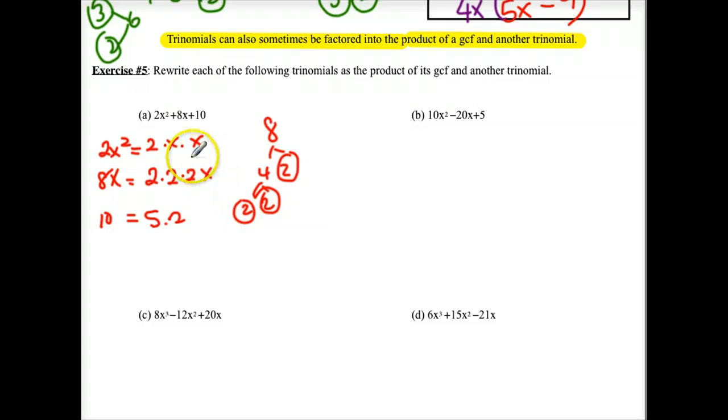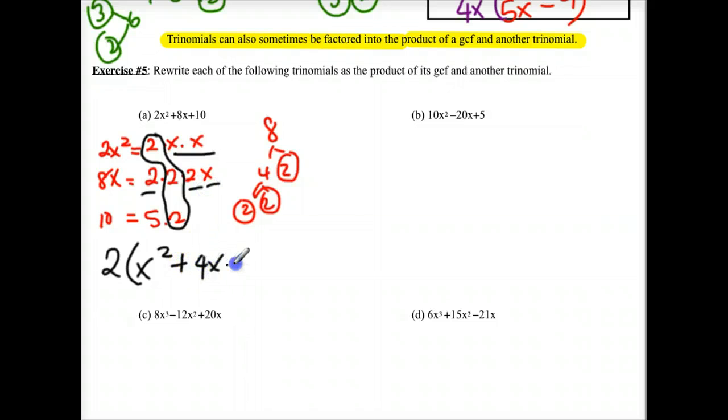So I see there's 2x here, this doesn't have an x, but I see that they all have a 2 in common. So that's what I factored out. What's left over? X times x, which is x squared, plus a 2, and an x. So this becomes x squared plus 4x plus 5. And that's it. That's all I do when I factor a trinomial as a product of its GCF and another trinomial.